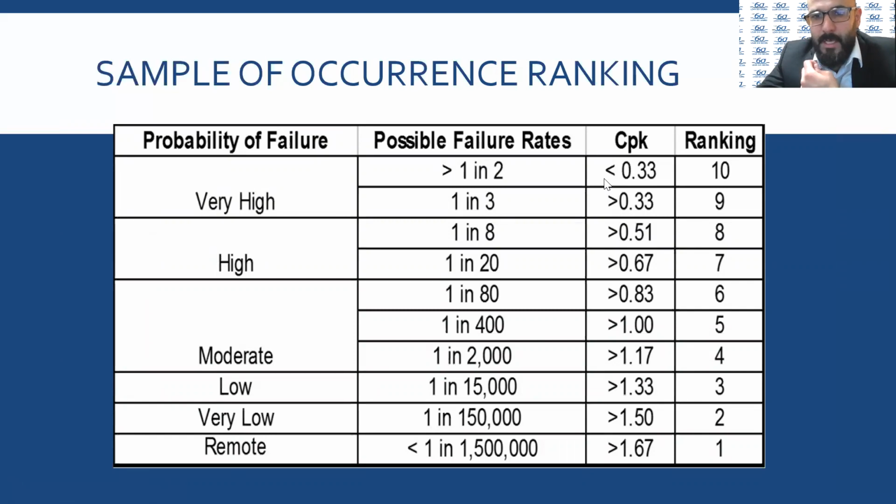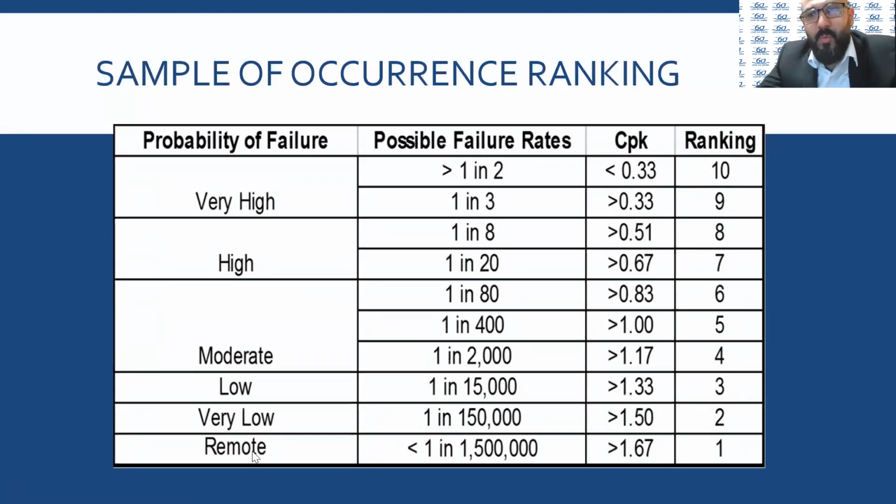If it's high, 1 in 8 or 1 in 10, depending on the process capability, of course. Now, if it's 1 in 80 with a process capability of 83.83, that ranking should be 6. If one failure happens once every 400 times with a capability more than 1, that would be a rating of 5.